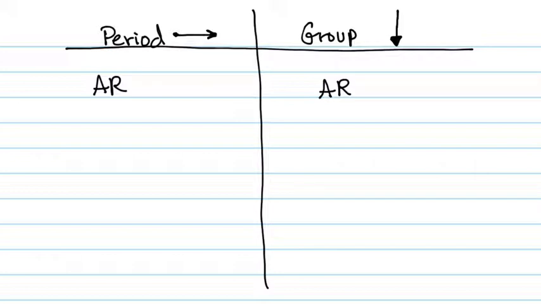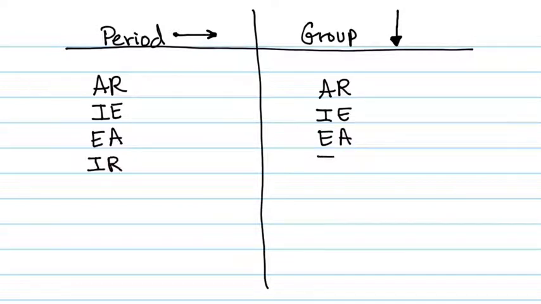After atomic radius, we are going to be looking at ionization energy, which we call IE. The third thing that we will look at today is electron affinity, so EA. The fourth is going to be ionic radius. And the last one that we will look at is electronegativity.